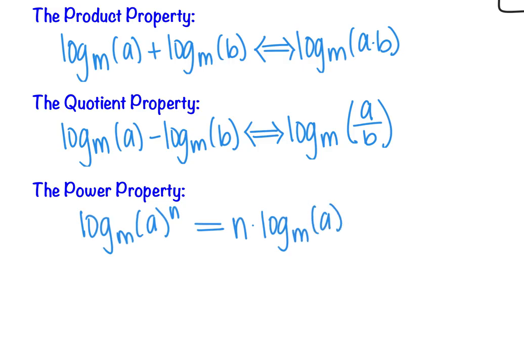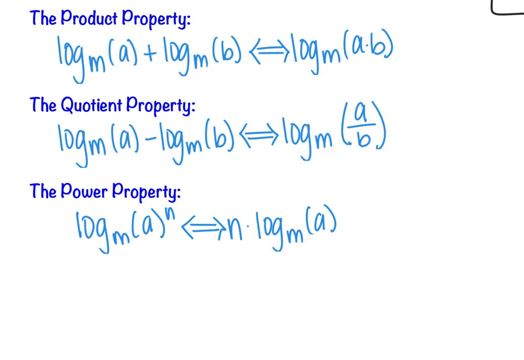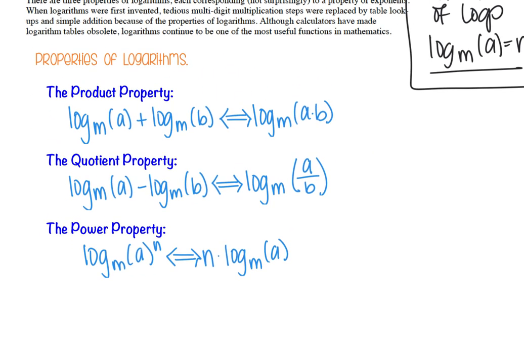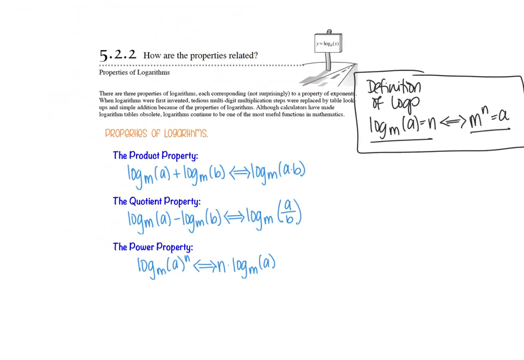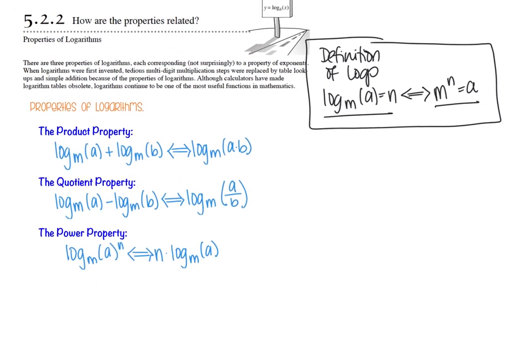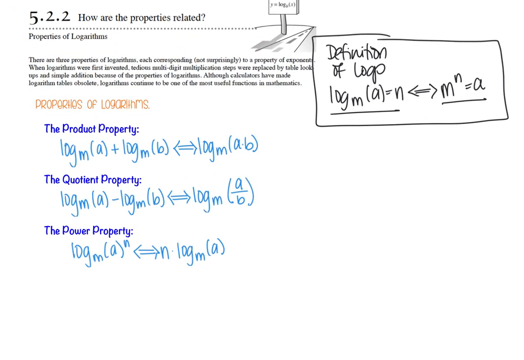And again, if you start with n times log base m of a, you can put that n back into the original position of where it was as an exponent. So these are the properties and using the definition of logarithms that we'll be using in this class.